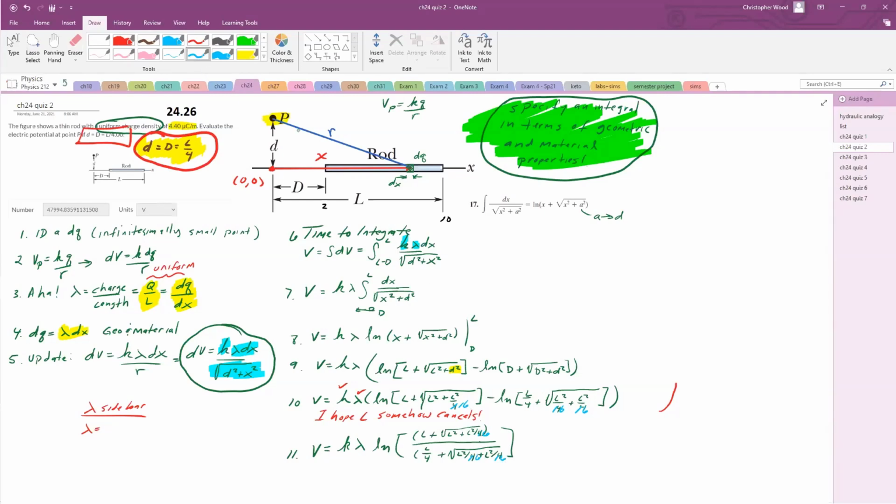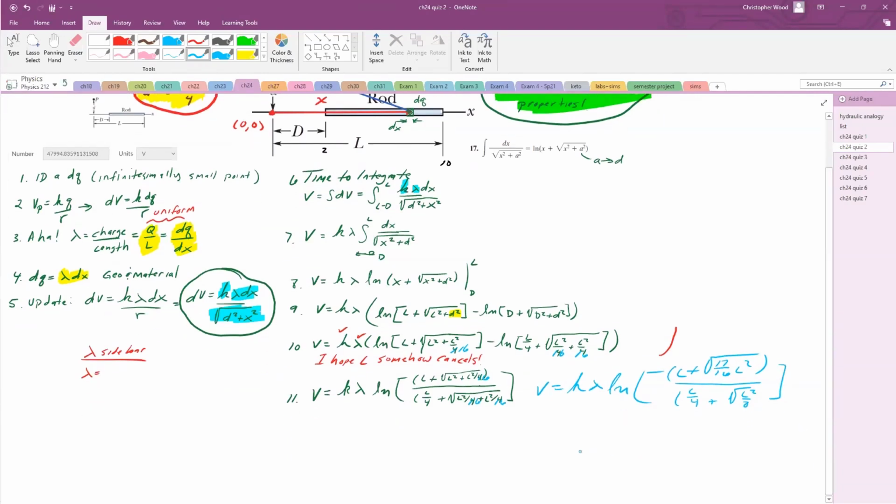So the final answer here is the voltage equals K lambda natural log of L plus square root of 17 over 16 L squared, all over my denominator, which is L over 4 plus the square root of L squared over 8.